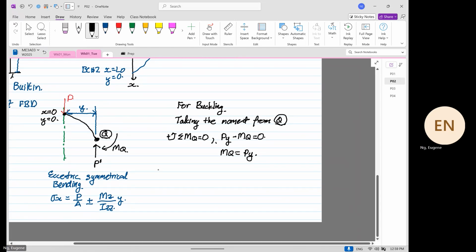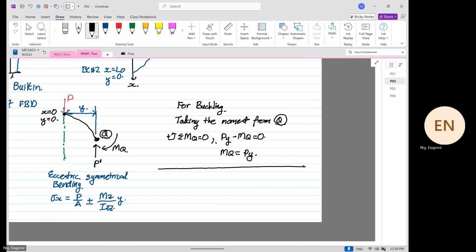Now, I want you to focus at point Q. So if we look at point Q, we have a load going up in P prime, and we have a moment coming down as MQ.